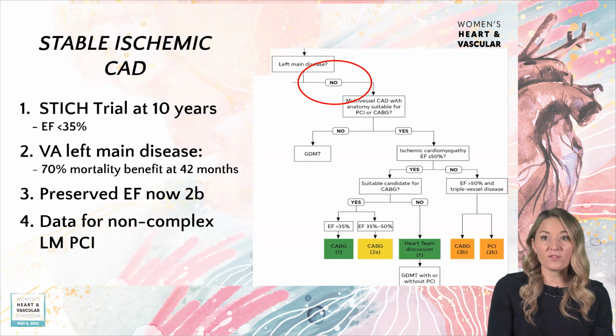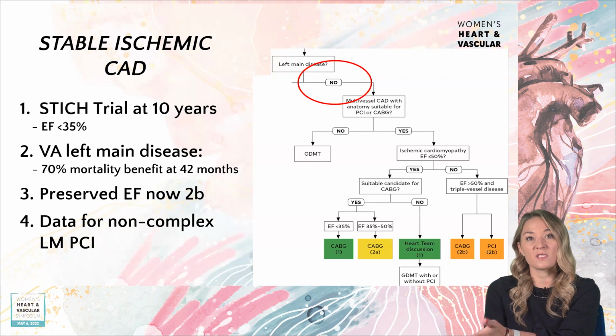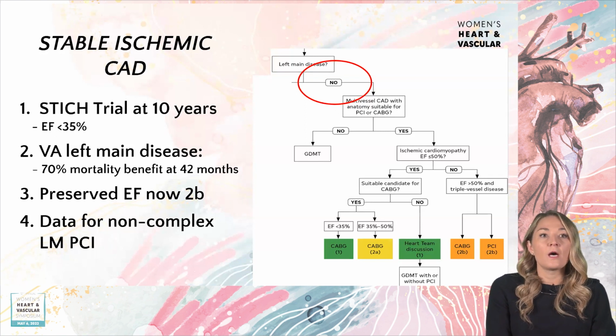But if they have left main, we know that the VA trial included many patients, and patients with left main who were left untreated actually had higher mortality. So important to remember, left main is a different disease than what we're about to start talking about on this slide. So left main disease should be addressed.